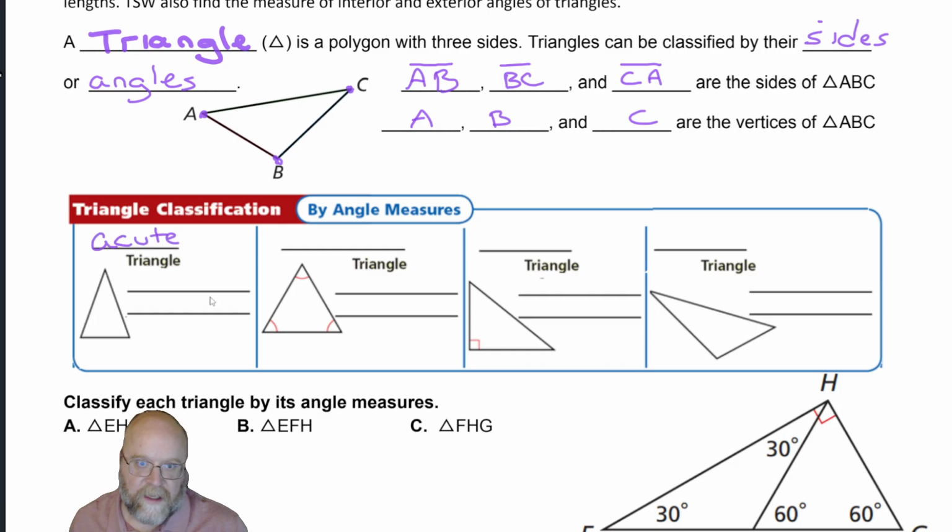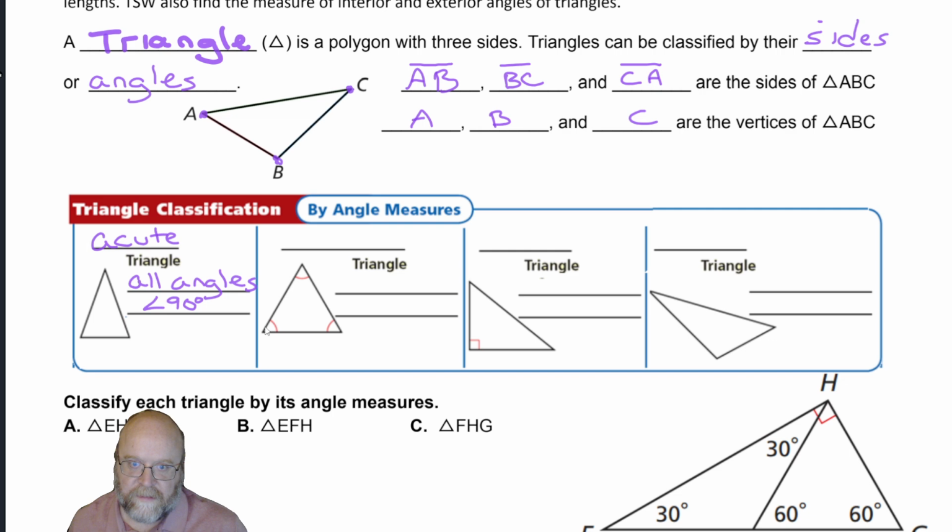Once again, acute is angles that are less than 90 degrees. So there's three of them here. All angles are acute, less than 90 degrees.